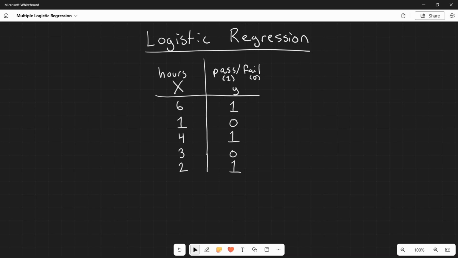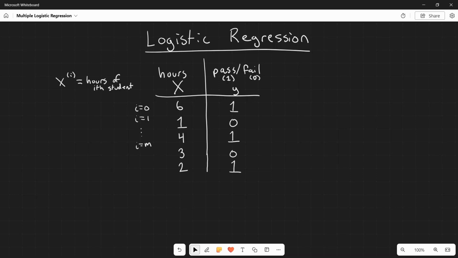Let's also say that the first student can be marked with index 0. The second student is index 1, going all the way down for all m students. Then we'll also say x at i is going to be equal to the number of hours the ith student studied.